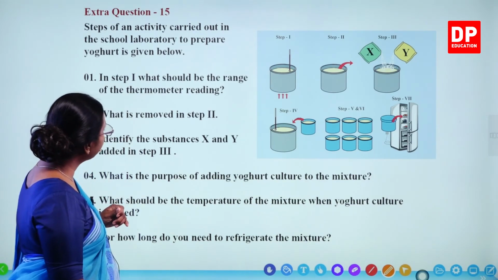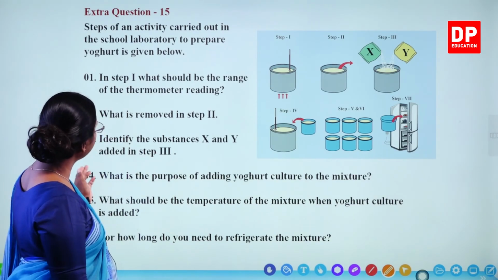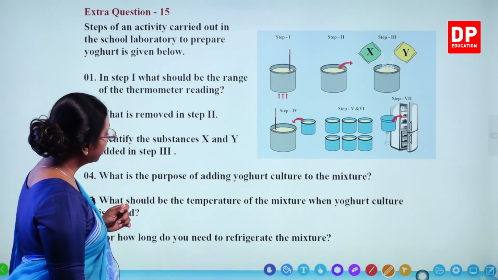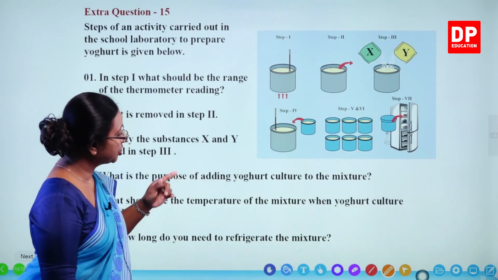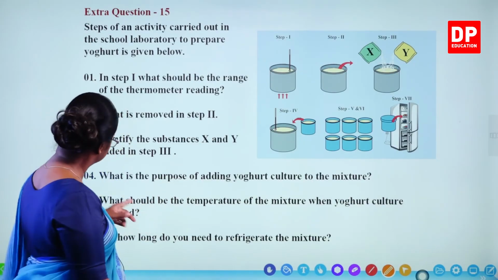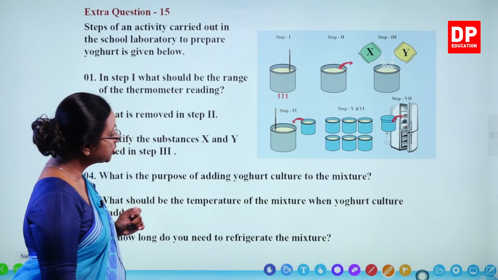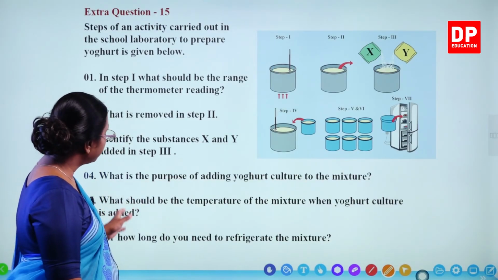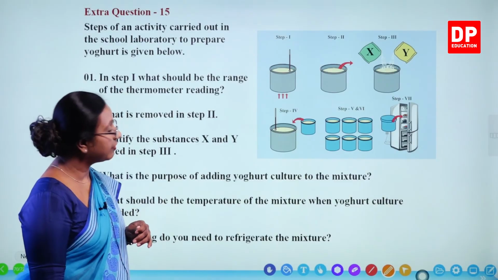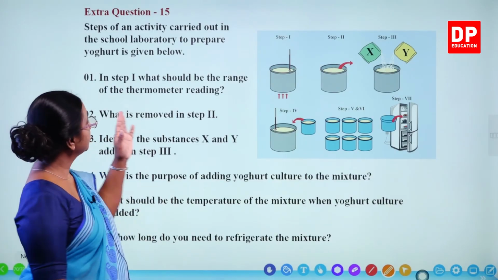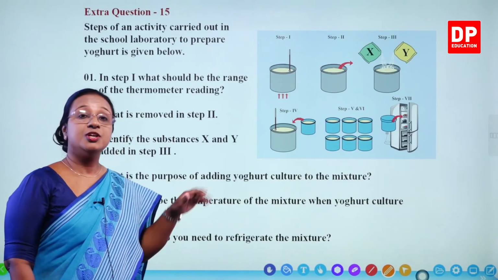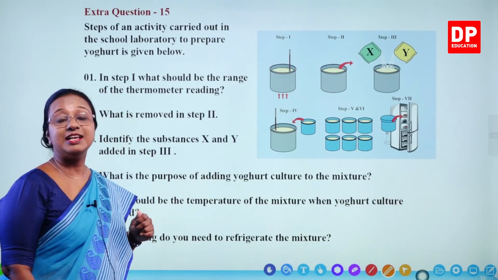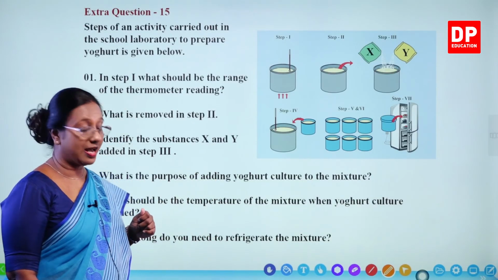Third, identify the substances X and Y added in step 3. What is the purpose of adding yogurt culture to the mixture? What should be the temperature of the mixture when yogurt culture is added? For how long do you need to refrigerate the mixture? So those are the questions. So I'm sure you can write the answers down quickly and then you can compare with my answers.